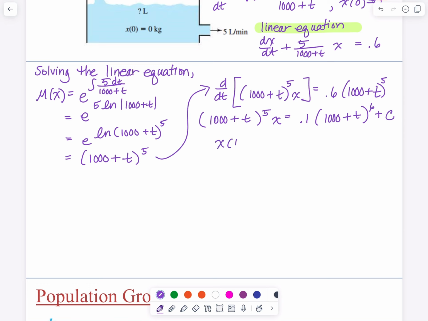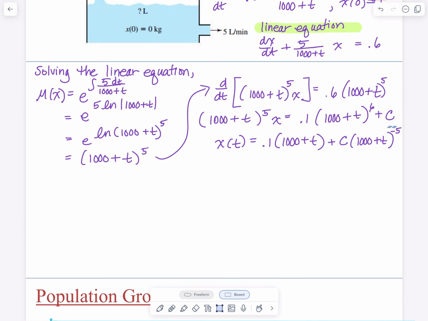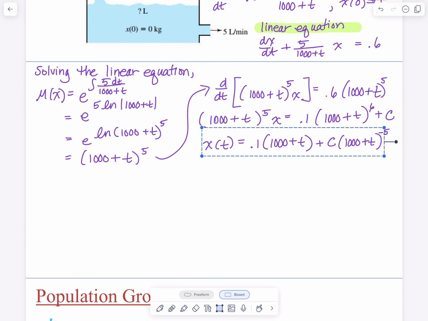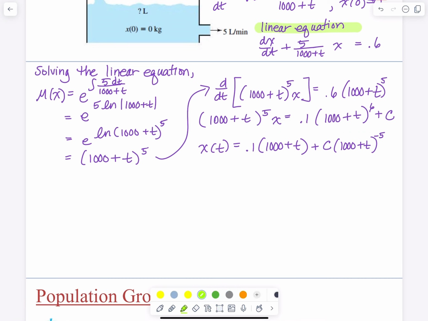So now we will have x(t) equal to 0.1 multiplied by 1,000 plus t to the 1st power, plus c times 1,000 plus t to the negative 5th power, dividing by that term on both sides.